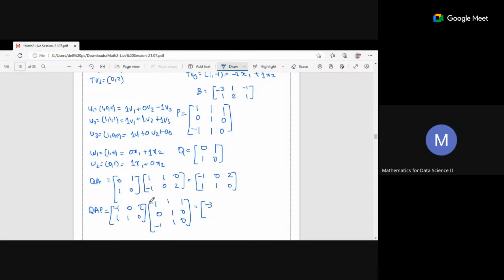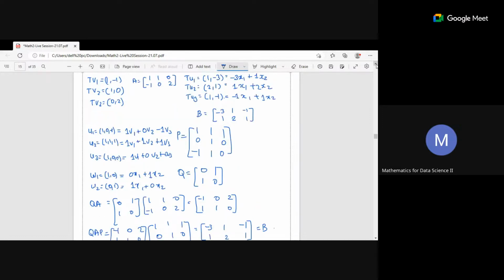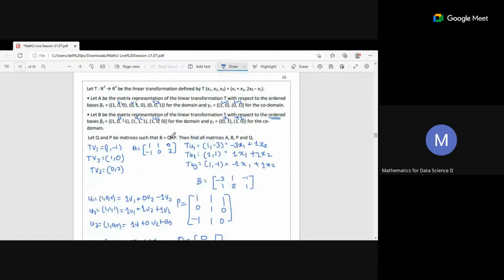And then minus 1 plus 2 is 1, minus 1. And then you have 1, you have 2, and then you have 1. Is that fine? And this is your B. Right? So this process of finding matrices A, B, P, and Q. Is this clear for everyone?